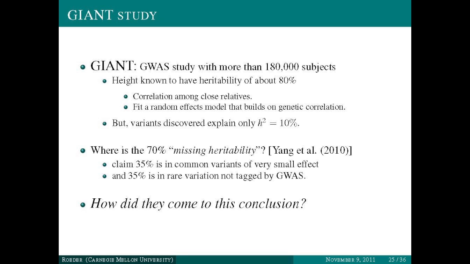And that comes from using these models that I'll explain in a minute. But even in this huge study called GIANT, when they had 180,000 subjects, they've only found 10% of the variance, maybe more by now, but at that time, only 10% of that variability had been discovered.